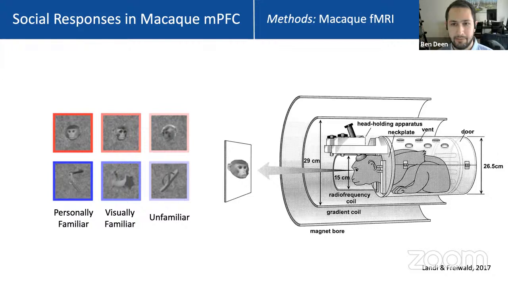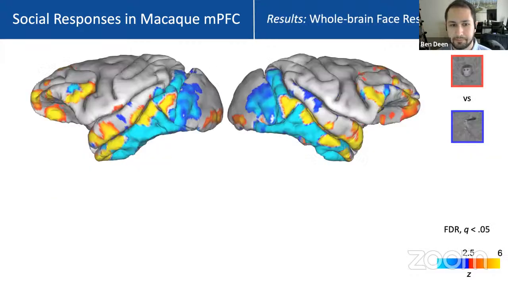So these are faces and objects that the macaque has personally experienced with and interacted with. Visually familiar faces and objects. So these are faces and objects that the macaque has no personal familiarity with, but they've seen the specific images before. And unfamiliar images, which the macaque has never seen before. This was data collected by my co-author, Sophia Landi, as part of her graduate thesis.